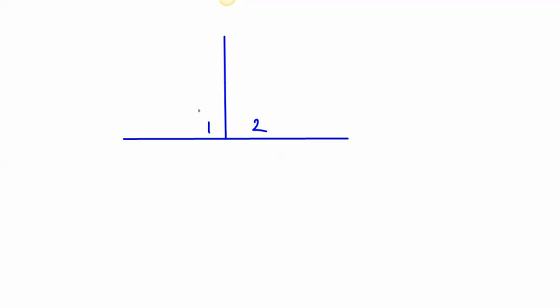There's nothing on here that says they do. What in this picture says that they add up to 180? Isn't this a straight line, or a straight angle that we talked about yesterday? What's the measure of a straight angle? 180. So if this measures 180, then these two together have to measure 180, and they're supplementary.